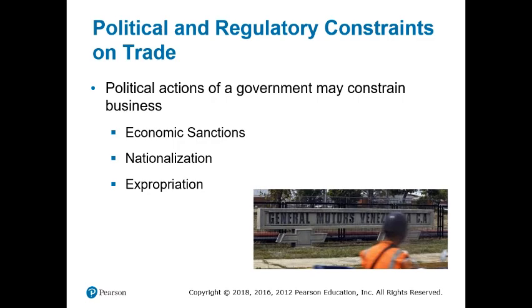Sometimes you have changes in the political regimes and the policy orientations, and you can face challenges like some US companies have encountered in places like Venezuela, for example, where the government proceeded with nationalization or expropriation of foreign-owned assets.